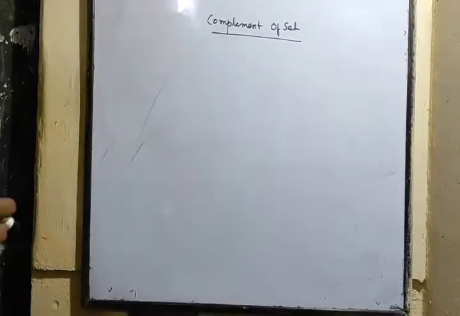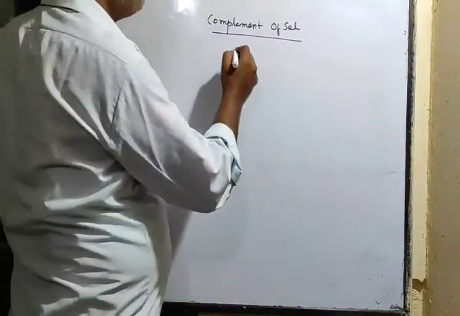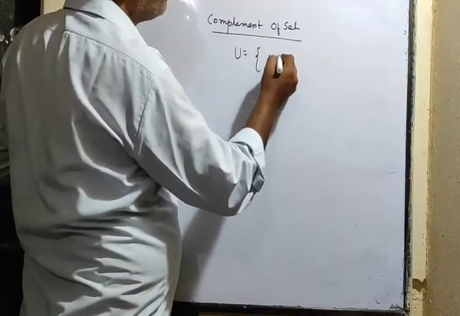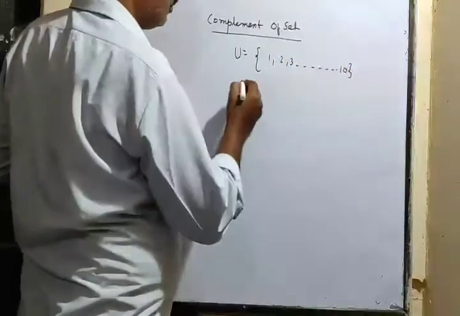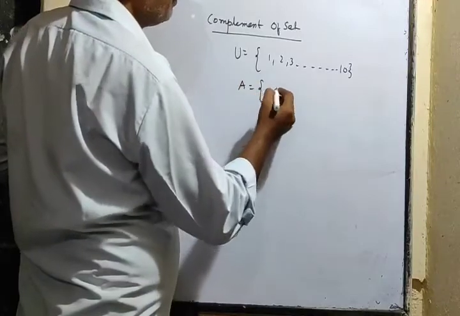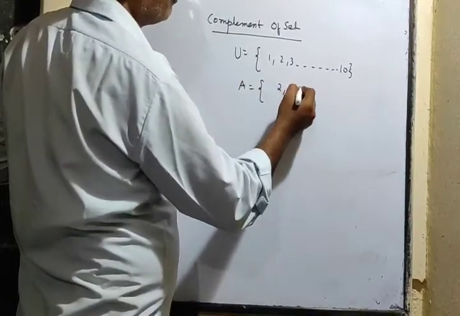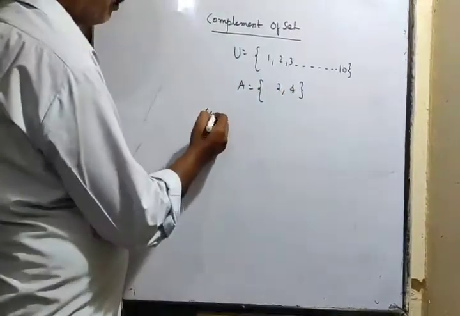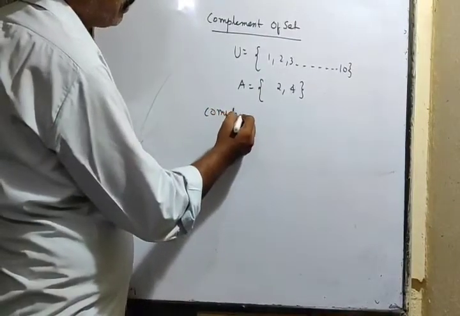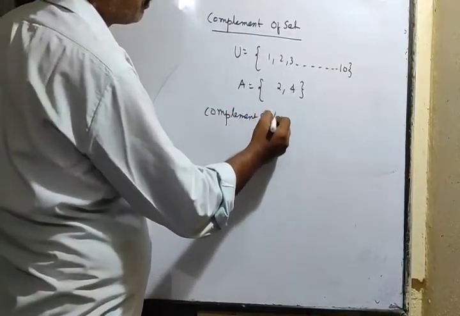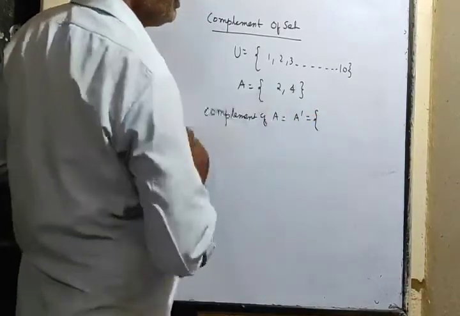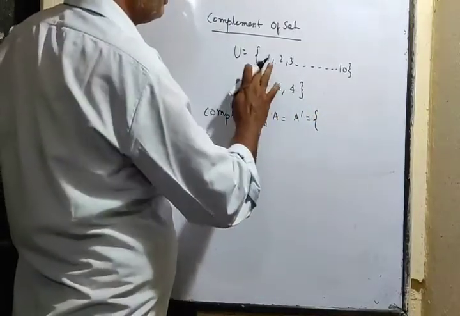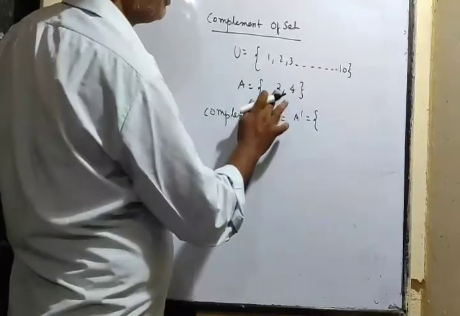Next topic is complement of a set. Consider the universal set is given as 1, 2, 3, and so on up to 10, and A is given 2 and 4. Then the complement of A will be represented as A dash, and its members will be the elements of this universal set except 2 and 4.